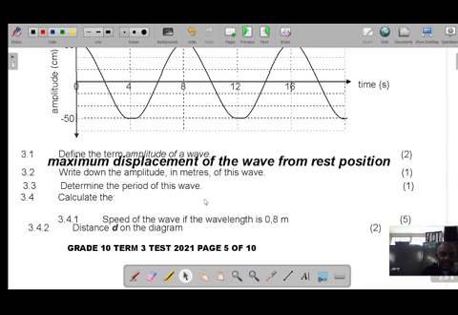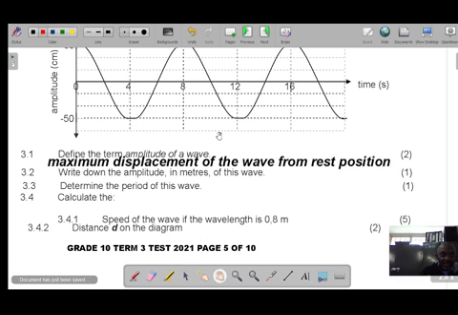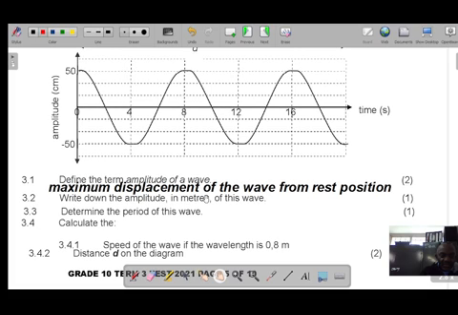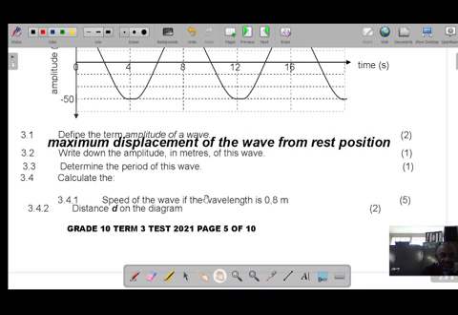So check our diagram again. Now where is it maximally displaced? It's from this rest position up to the 50 marker here. So our amplitude is 50 centimeters. But what does the question want? They want it in meters.